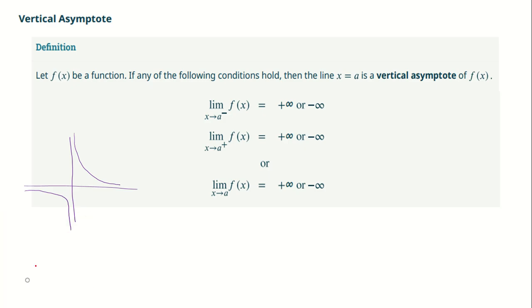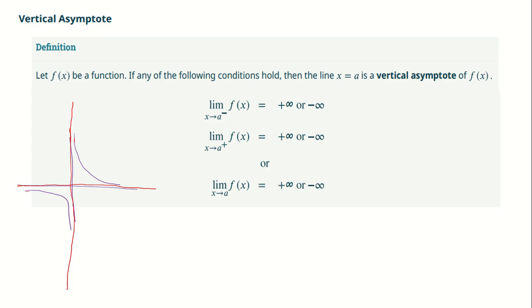Okay, good. Just like this. Here, this line looks like it will touch the function at infinity, but it will not. So this one is a vertical asymptote, and similarly here, this line looks like it will touch the function at infinity, but it will not. This one is a horizontal asymptote.